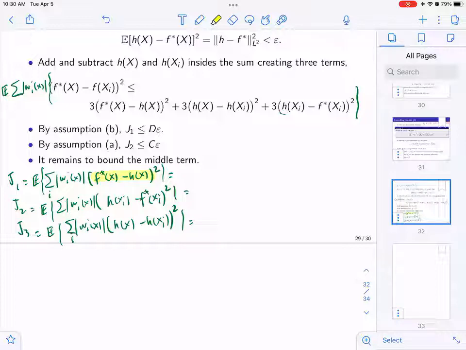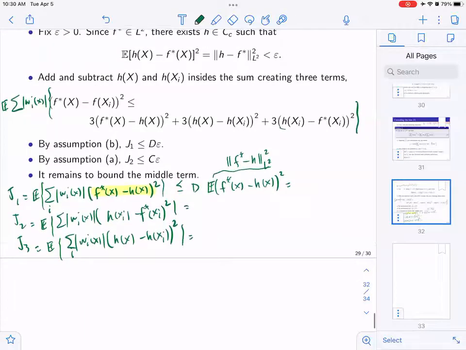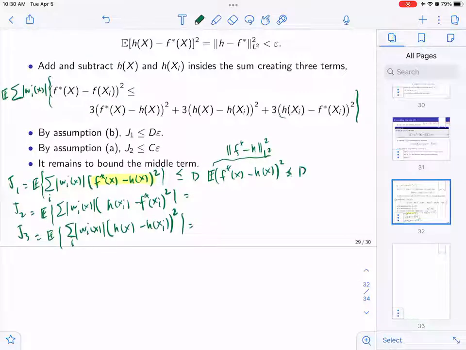So this comes out of the summation, and then this guy is bounded almost surely by d. Okay, so what we get is this is less than or equal to d times the expectation of f x minus h x squared. This is just the L2 norm. And by assumption, this is less than epsilon. Okay, this h approximates f star in the L2 norm.